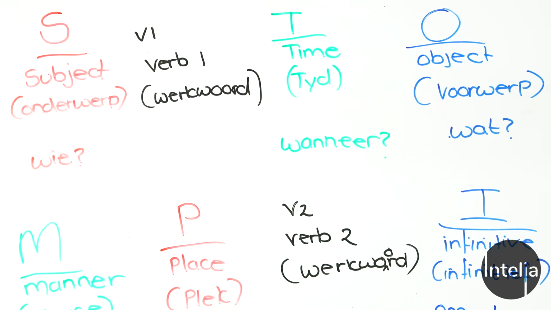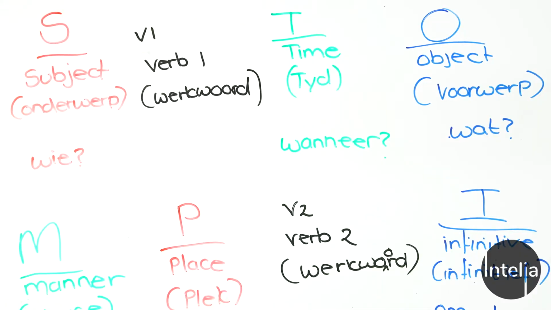Let's look at what stompie is about. Stompie is how a sentence should be structured to make it grammatically correct. We use stompie as a guideline as to what part of the sentence should go where.